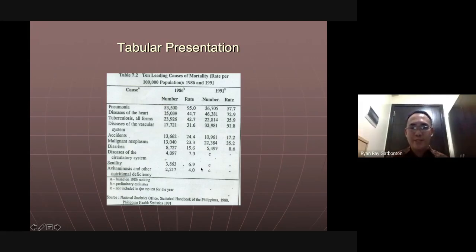In between, none. And the last part that gets a line is the bottom row. And on the sides there are no lines in the APA format of tabular presentation.